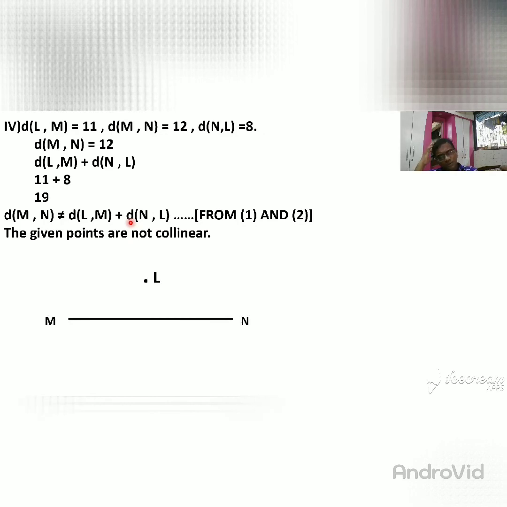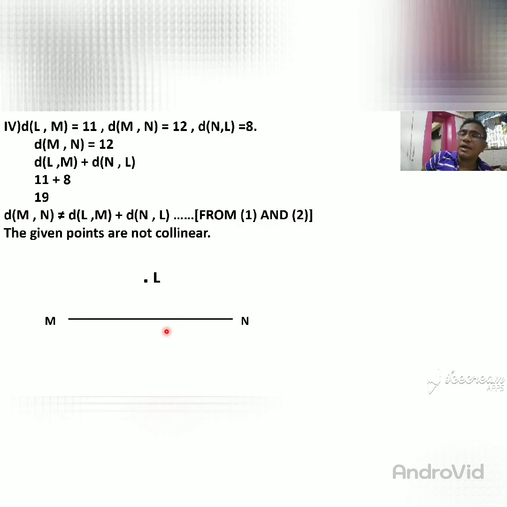So that can also be shown by the diagram. See here, the L point is not on a line. So this L point is not on a line. That means M, L and N, these 3 points are non-collinear.